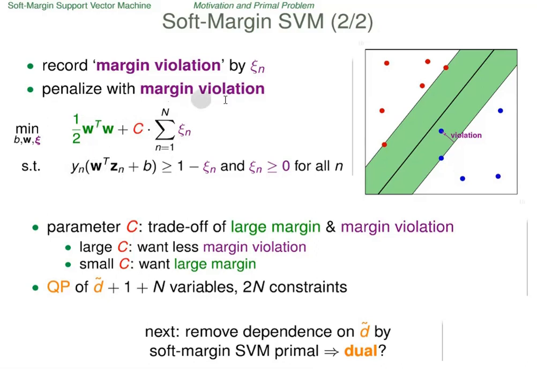We also note that the following new formulation of the soft margin SVM is a quadratic program with d plus 1 variables, okay, and 2n constraints because of the xi addition. So we can try to remove the dependency on d dimensionality by deriving the soft margin SVM dual formulation.